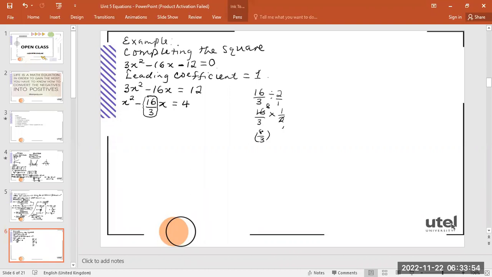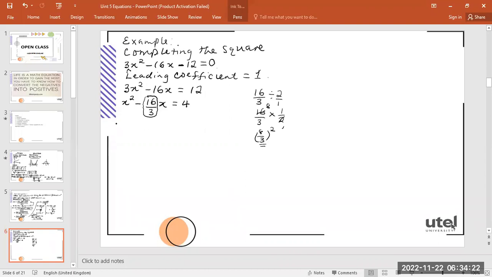So once you get the half of the coefficient of x, you can see that the half of the coefficient of this x is 8 over 3. Then we simply pick this half of the coefficient of x and then we square it. And after we square it, we add this value to both sides of the equation, that is to the left-hand side of the equation and to the right-hand side of the equation. And this is what we are going to have.